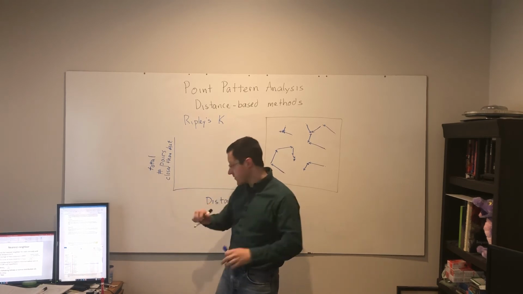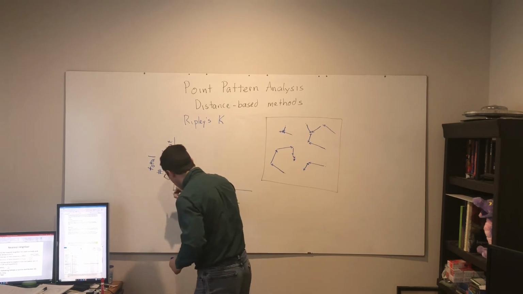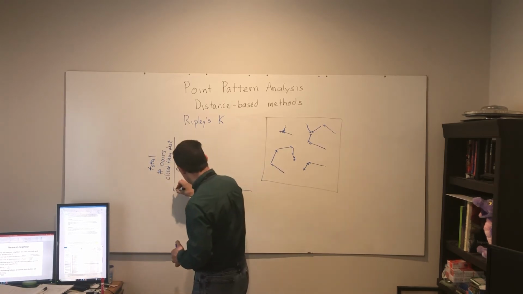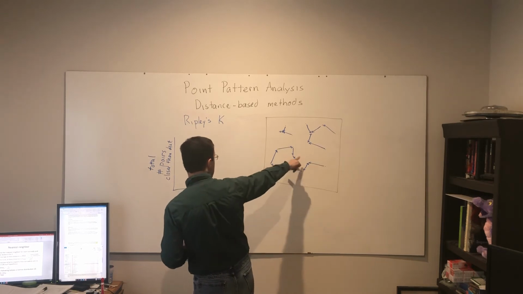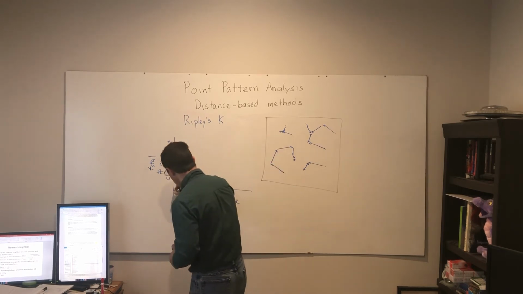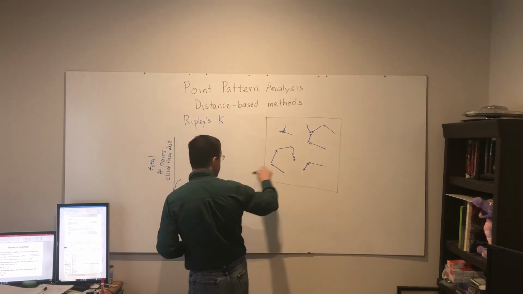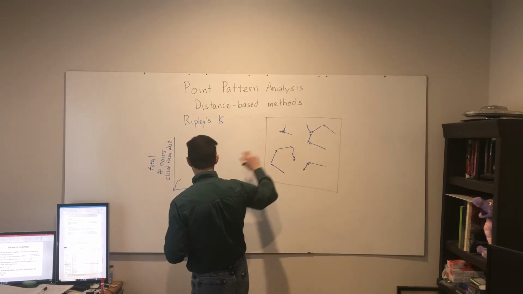That function is going to start out at or very near 0. But I can then go out and say, okay, there's some here that are really close to each other, so that's going to go up fairly quickly. There's not a whole lot at an intermediate distance.